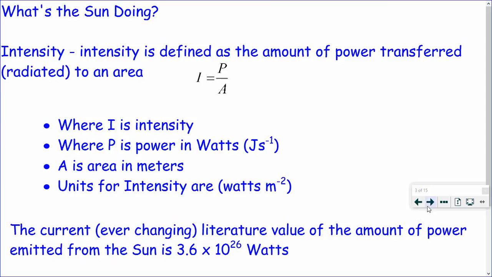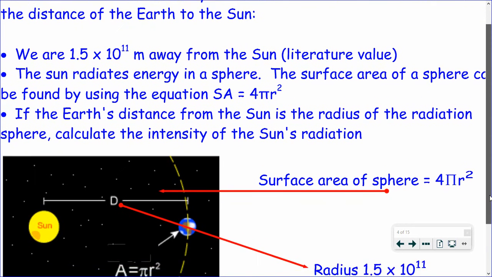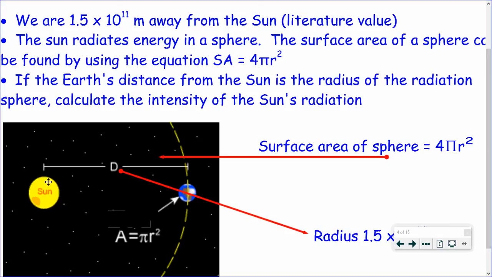So we can actually calculate the power and the intensity of the energy leaving the sun and coming to the earth, because we know how far away Earth is from the sun. If you look at this diagram down below here, we are 1.5 times 10 to the 11th meters away from the sun. It's another literature value.